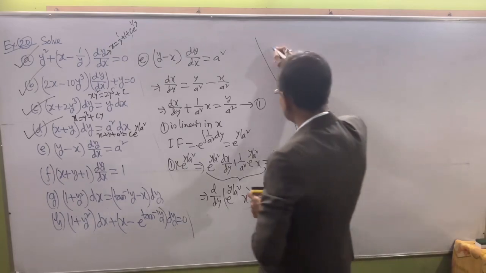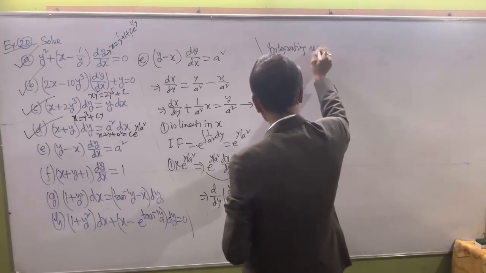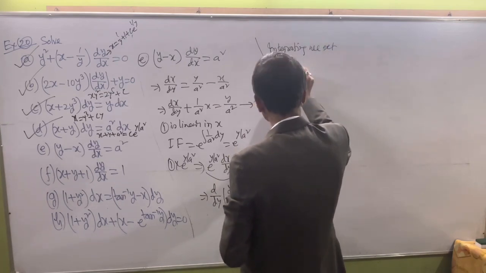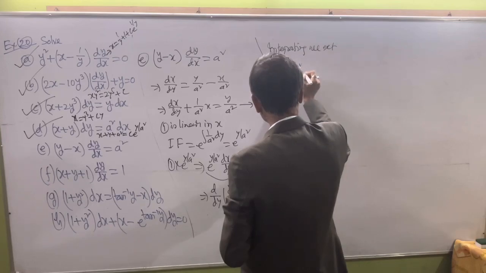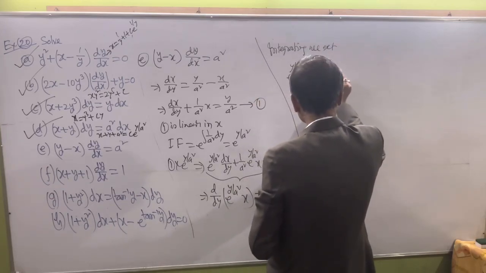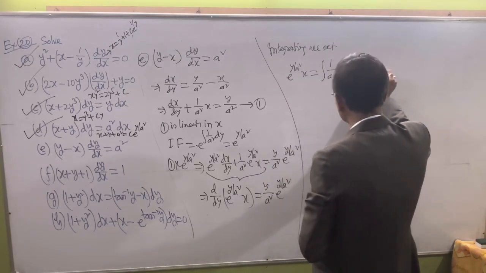Integrating we get, e to the power y by a square x equal to integral 1 by a square y e to the power y by a square dy plus c.